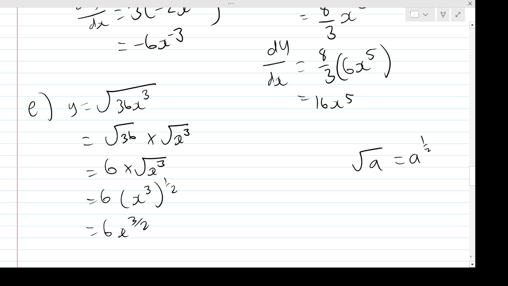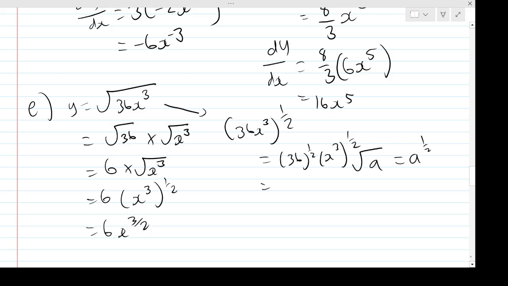Alternatively, I did say another way, instead of using that to split up the root, you may realise we could say the overall 36x cubed is all square rooted, and then we can raise everything to a power of a half. Then we can split up the power of a half to be 36 to the half, x cubed to the half.